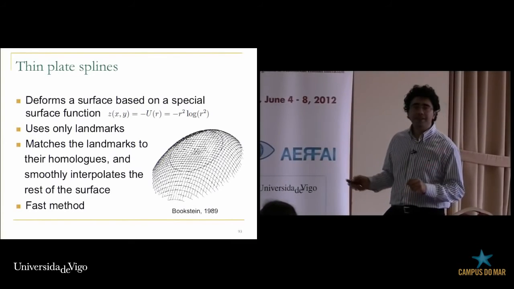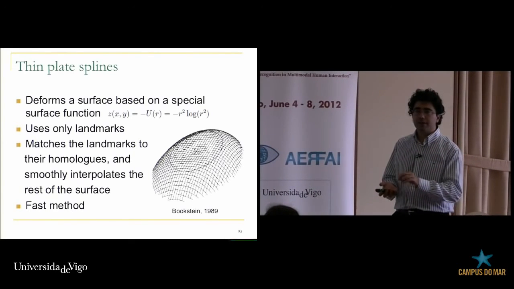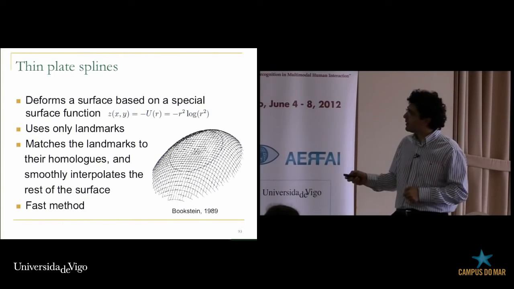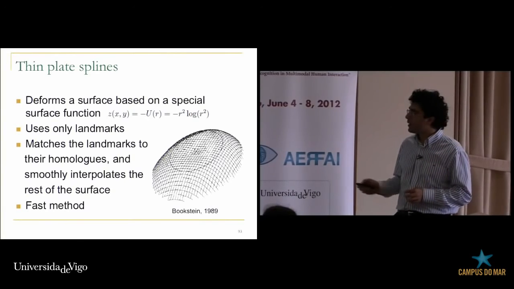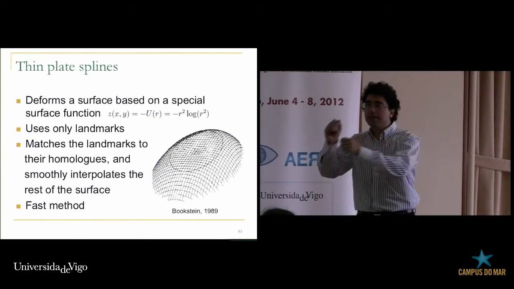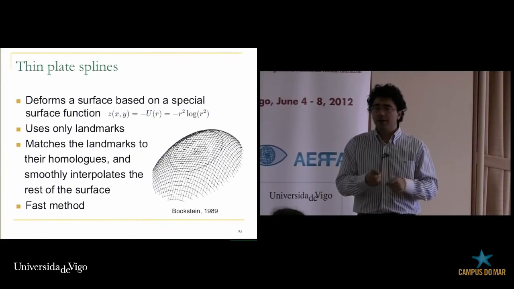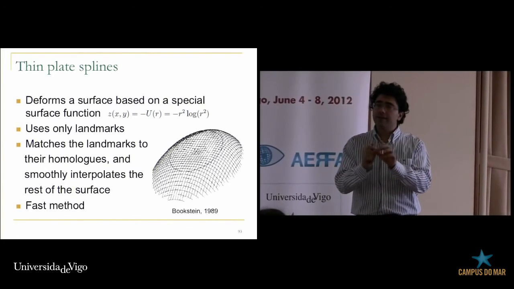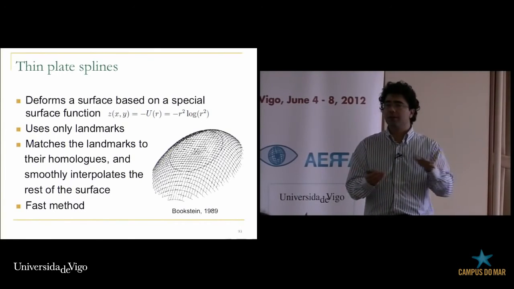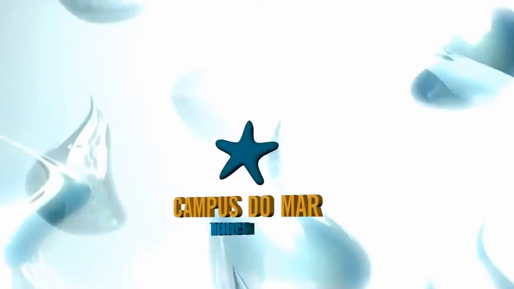It's like a dent in a thin plate, right? You know, if you have a thin metal plate and if you make a dent in it, that kind of looks like this. And this is the idea in thin plate splines. Like you have a metal plate where you're nailing it to some other shape, and the points where you nail it are exactly matched, but everything else is interpolated because the thin plate kind of bends.